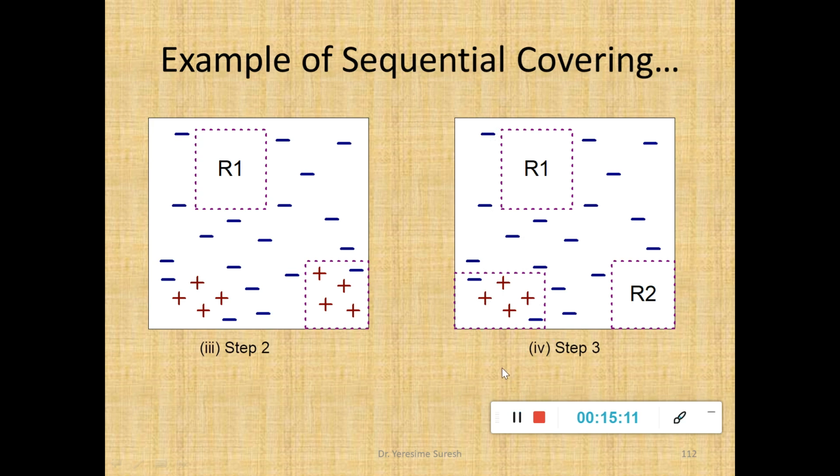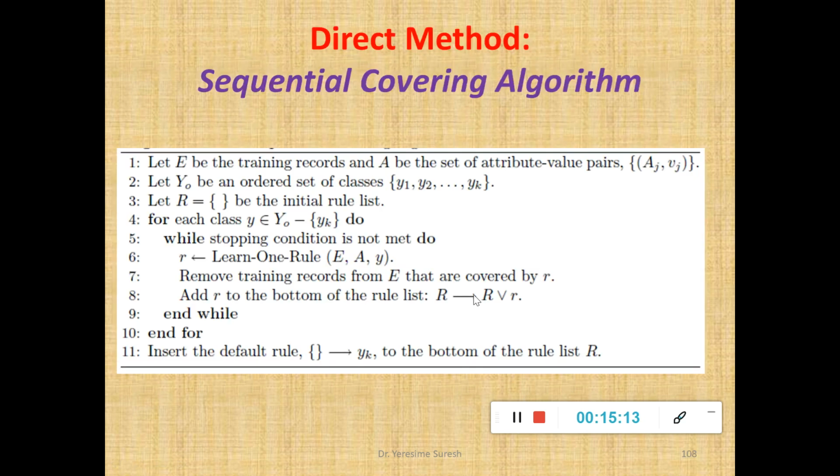And now we look at the algorithm itself. So this is the algorithm for your sequential covering, which makes use of learn one rule. Fine. So what is the first step? Let E be the training records and A be the set of attribute value pairs. Obviously, if I am supposed to apply this to a data set, there will be n number of instances. I represent it as E, and every instance will have some attributes and their attribute value pairs.